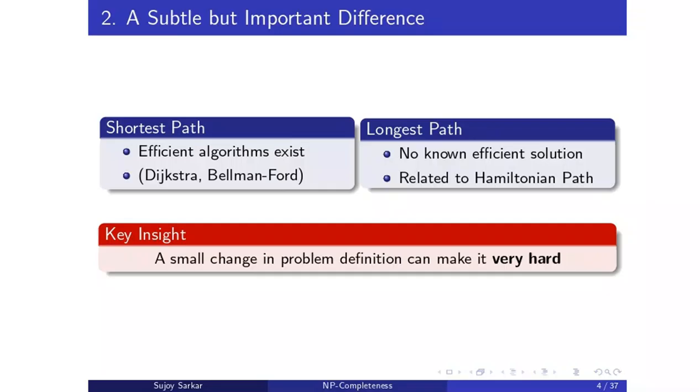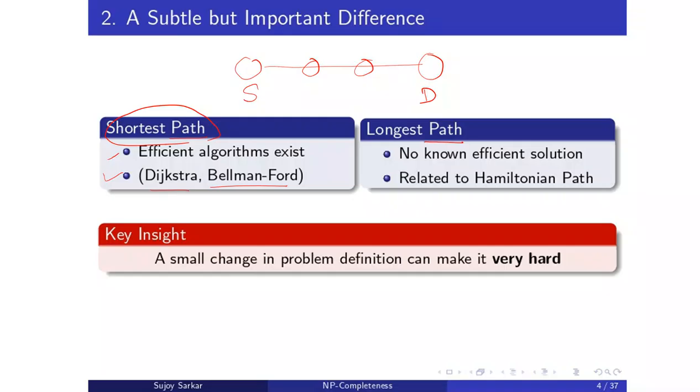Also, two problems may look similar, but still one can be easy and the other hard. An example is finding a path in a graph. When finding the shortest path from a start vertex to a destination vertex, it is an easy problem, and we have many known efficient algorithms for it, like Dijkstra's or Bellman-Ford.